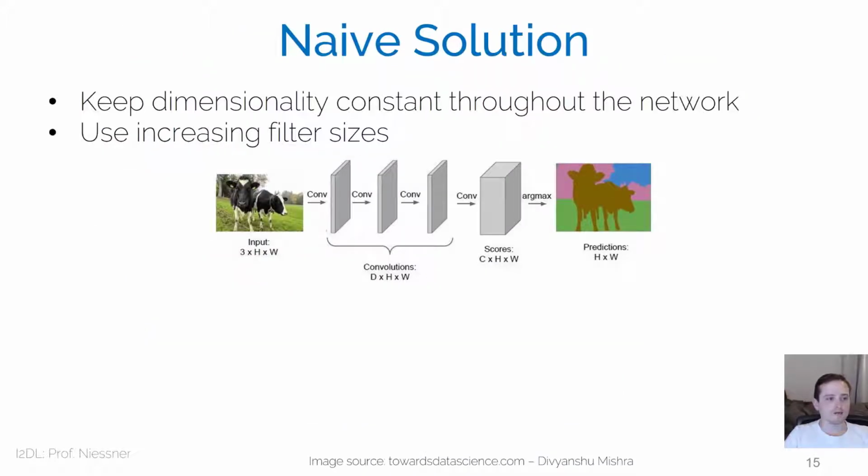So the naive solution would be something like just a few convolutional layers that preserve the spatial dimensions, and you do a few of these, and then you end up with a tensor that has the same width and height and just as many channels as you want for the output.